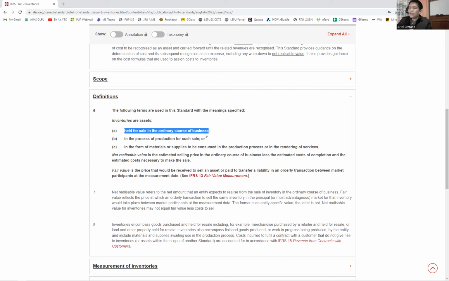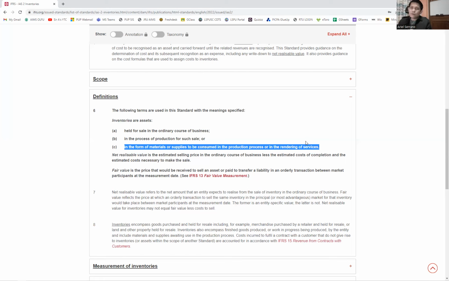Ito yung ibebenta natin, available for sale. Hinahawakan natin ito para ibenta. Or in the process of production for such sale, as in the case of manufacturing types of business, or in the form of materials or supplies to be consumed in the production process or in the rendering of services.